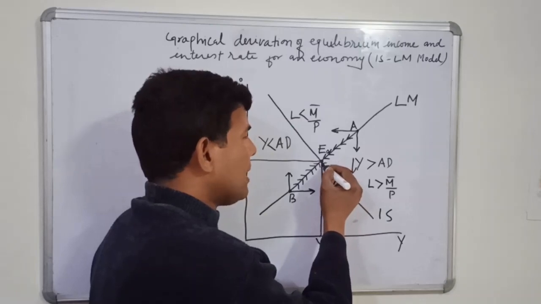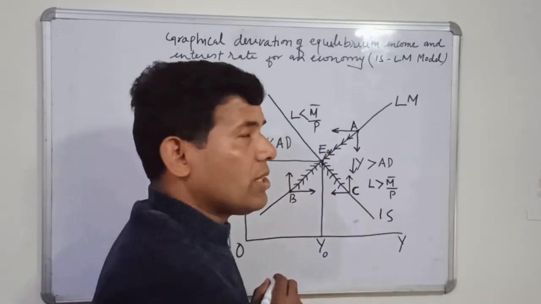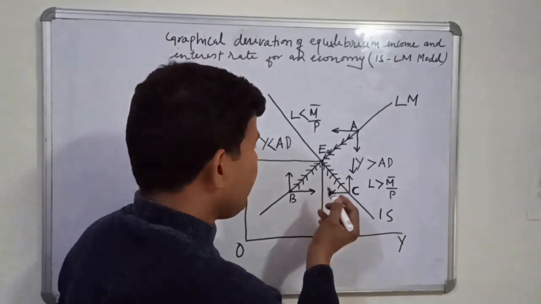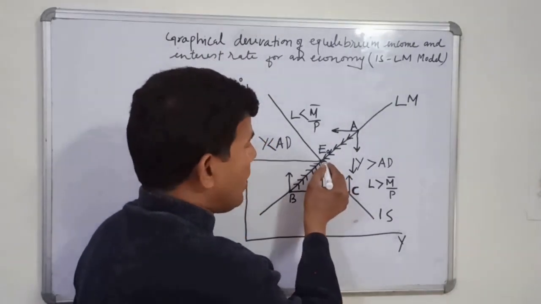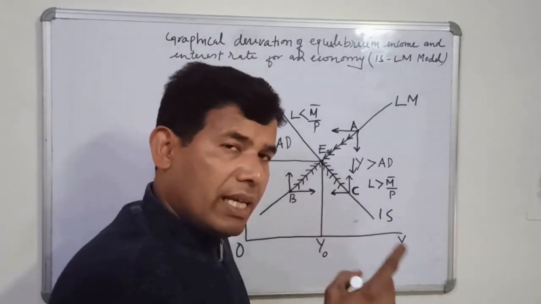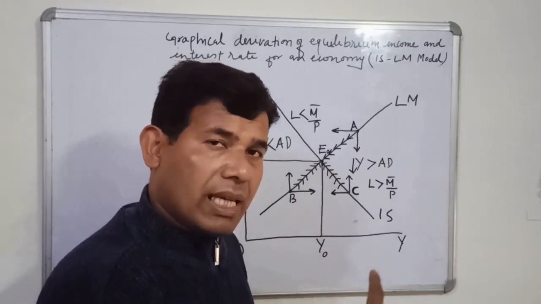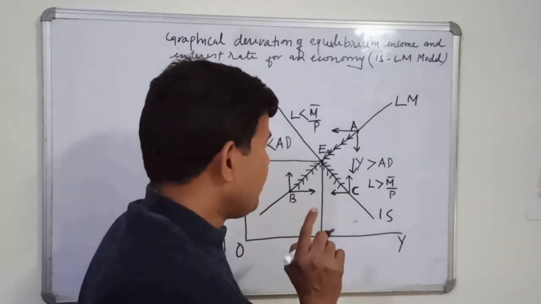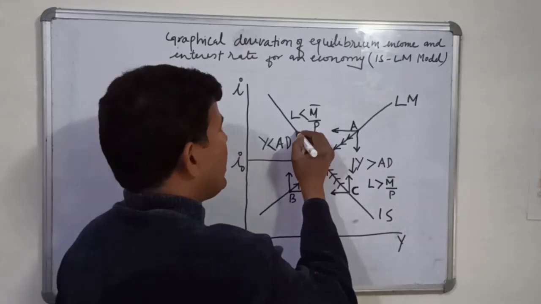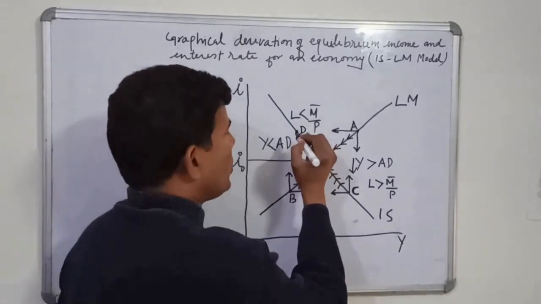This process will keep taking place till the economy reaches point E. As long as it is away from E, interest rate would keep rising, income would keep falling.